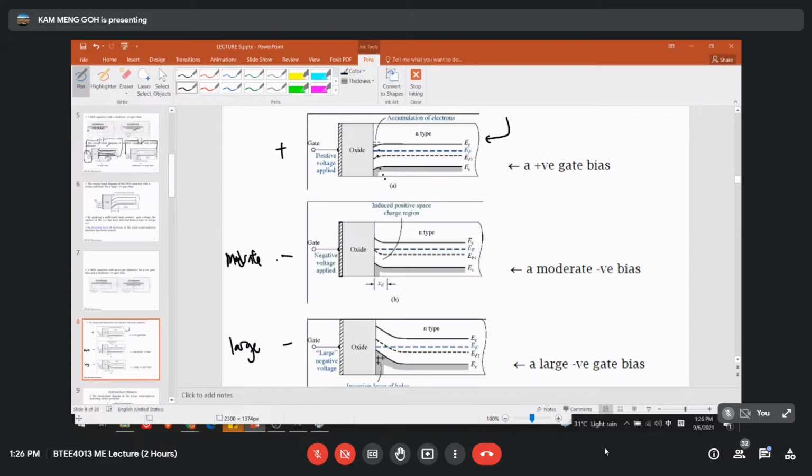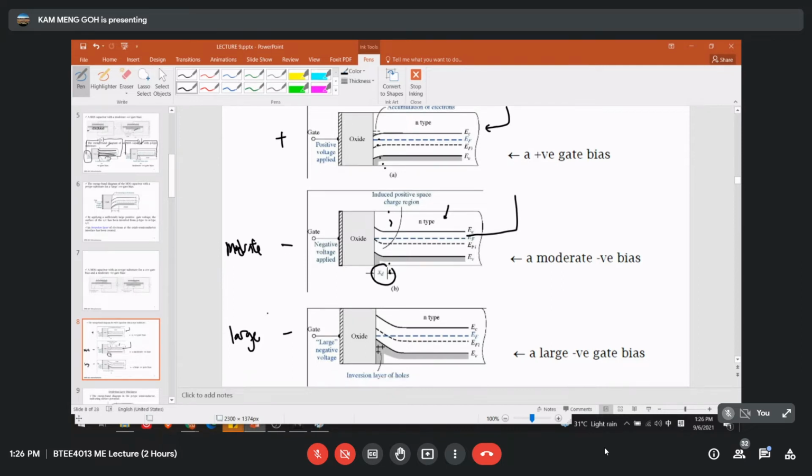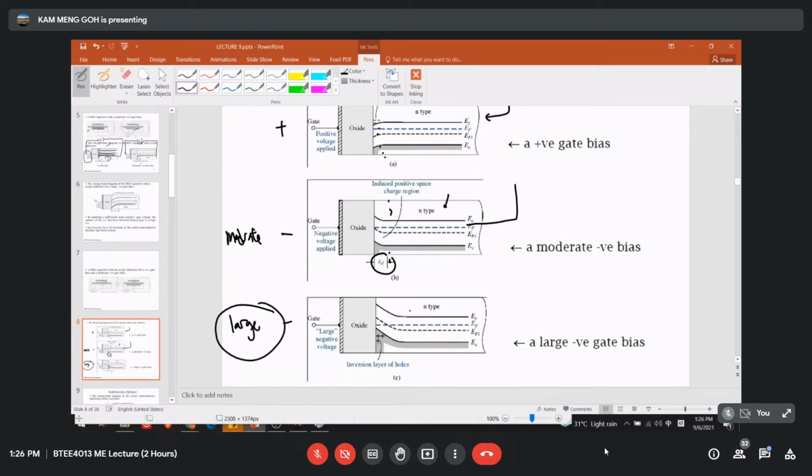But if you connect the reverse way, originally this was an n-type, but all the positive charge will come to here. So it will induce a positive space charge region, SD. If you connect to a large voltage, we will have a larger area. So here will be an inversion layer of holes. If it is large enough, then your n-type becomes p-type.